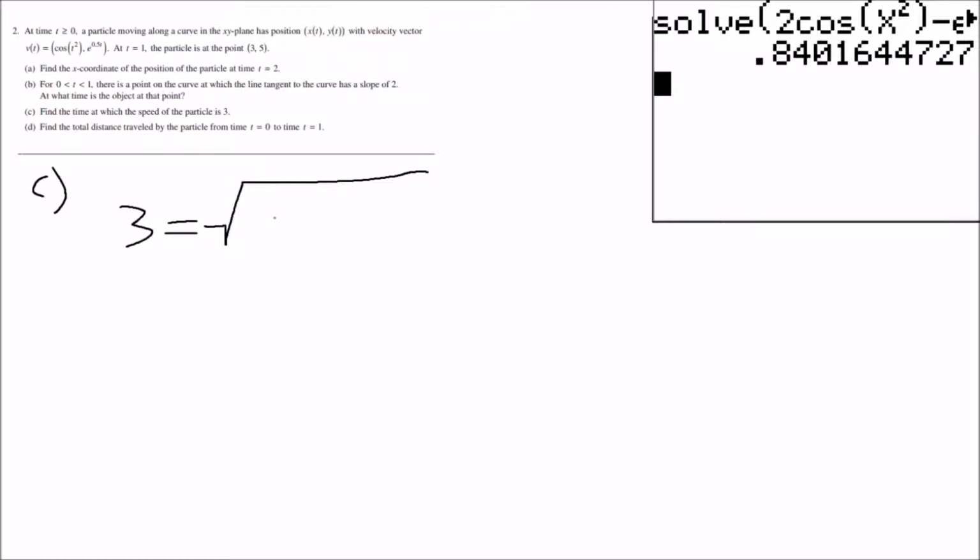How do you do that? Square root. What's x? X is cosine t squared, an x component. Square that plus e to the 0.5 t squared, and all in the square root.